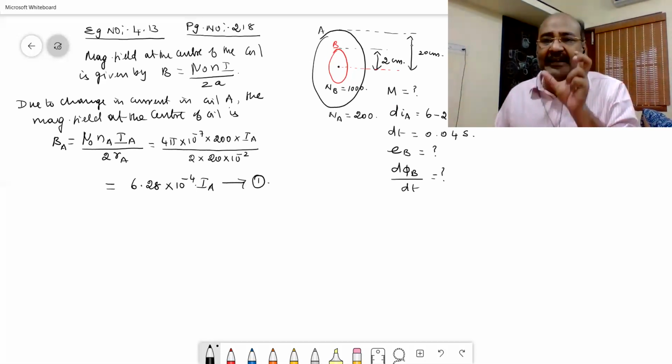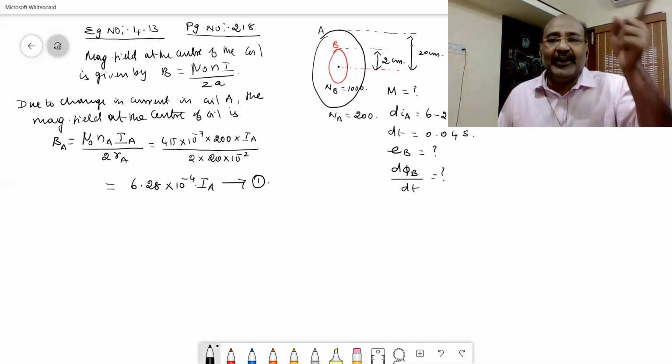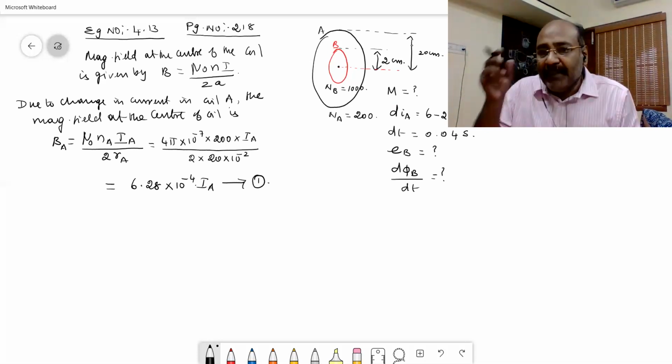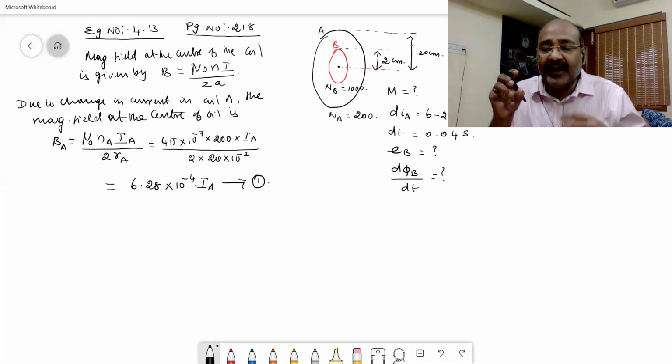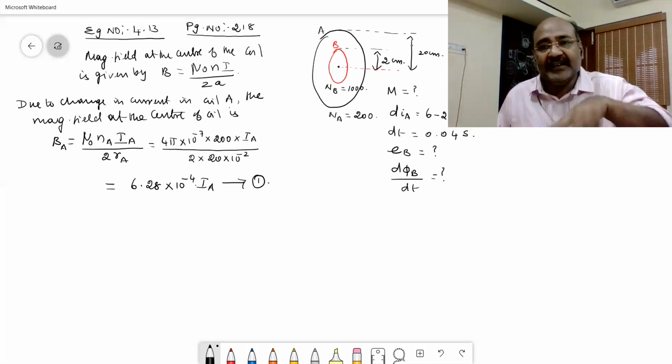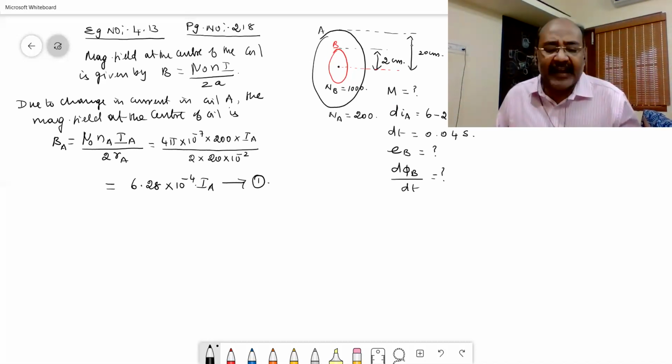See, I have calculated the magnetic field that was being produced at the center due to what? Due to the coil A. Now, because of that magnetic field, a flux will be linked with what? A flux will be linked with the coil B with number of turns available as NB.